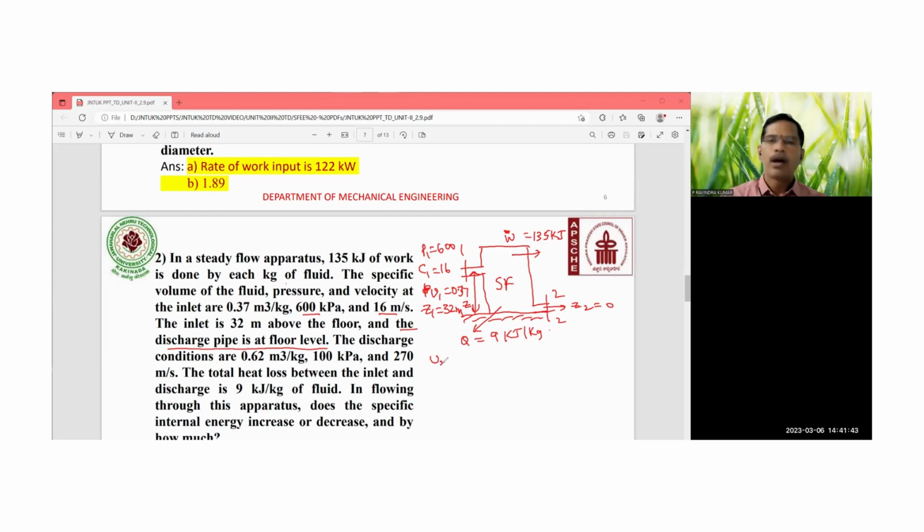If you take it as U1 minus U2, then the equation is equal to P2 V2 minus P1 V1, plus C2 square minus C1 square divided by 2, plus g into Z2 minus Z1.